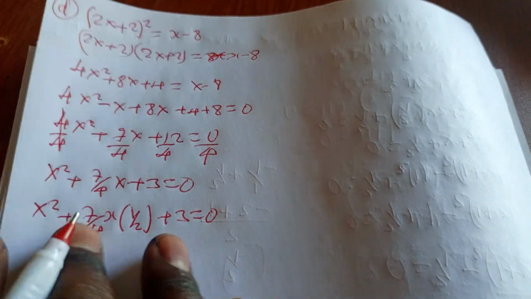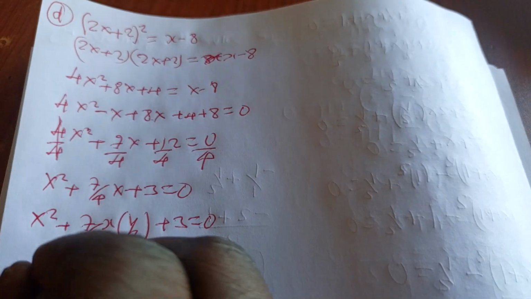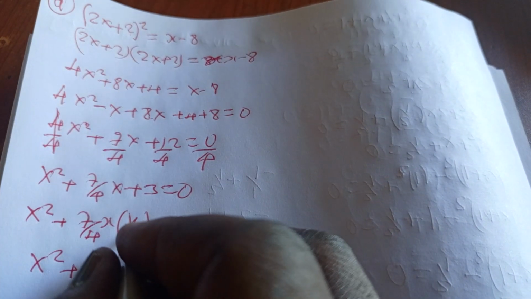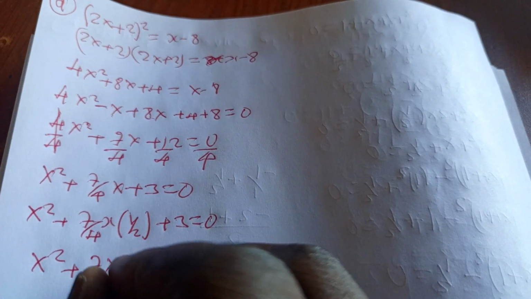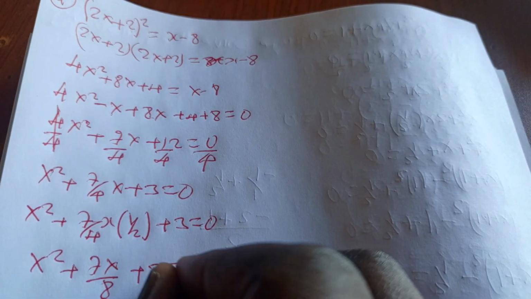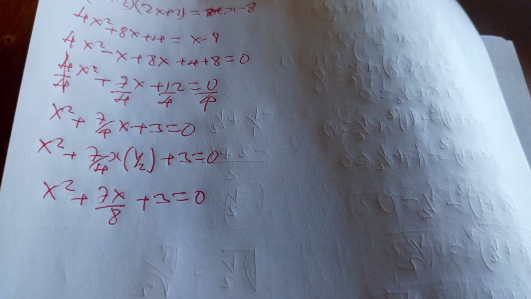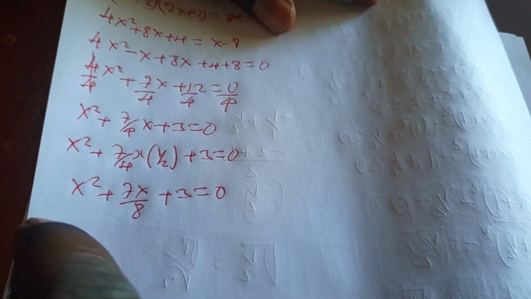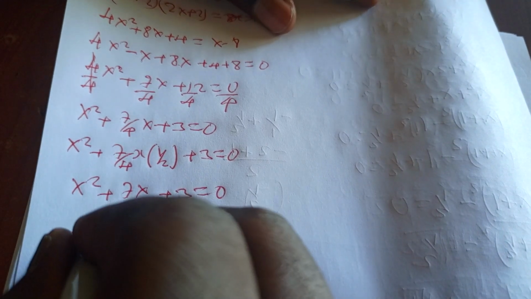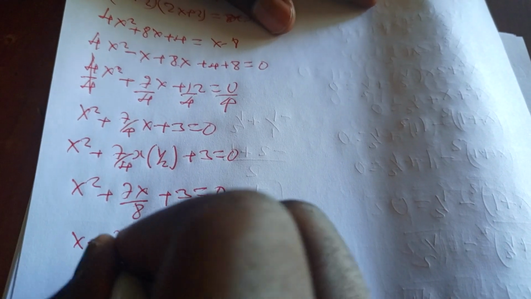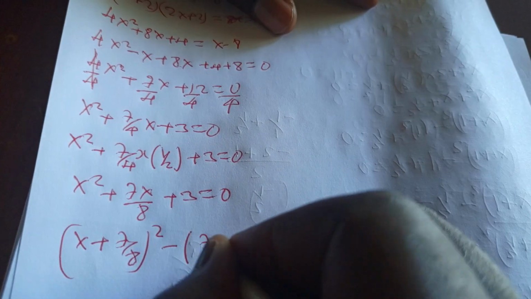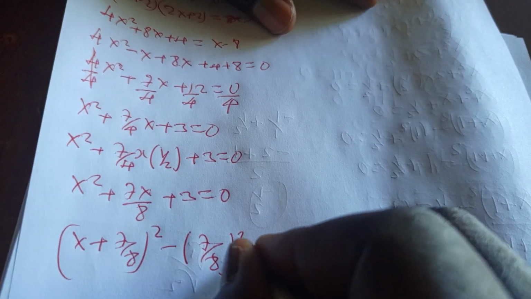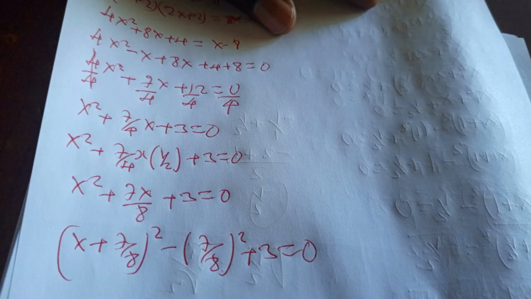From here now, I'll simplify the expression. So x squared plus, this times this is 7x over 8, plus 3 is equal to 0. Then from here I'll factor out. I'll say (x + 7/8)^2 minus (7/8)^2 plus 3 is equal to 0.